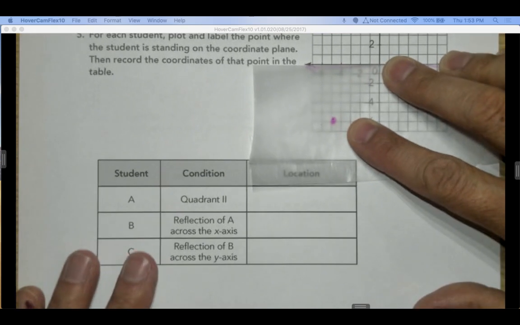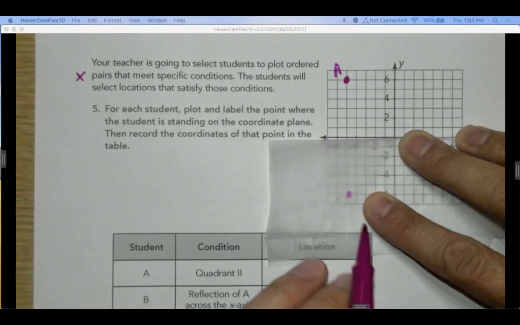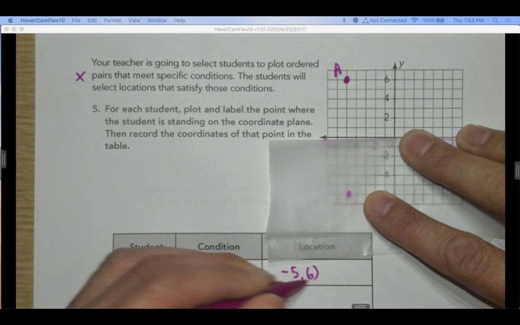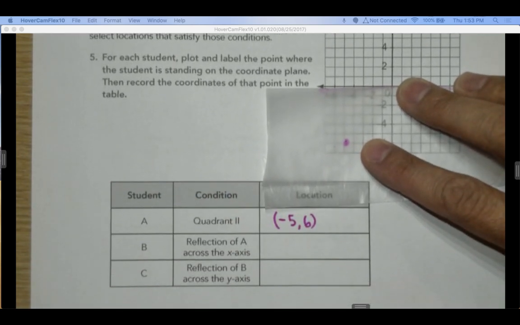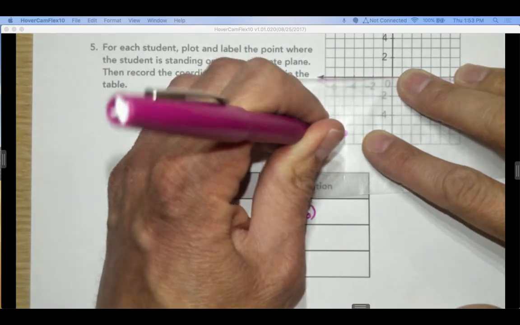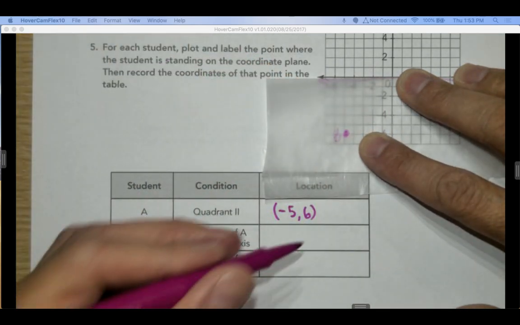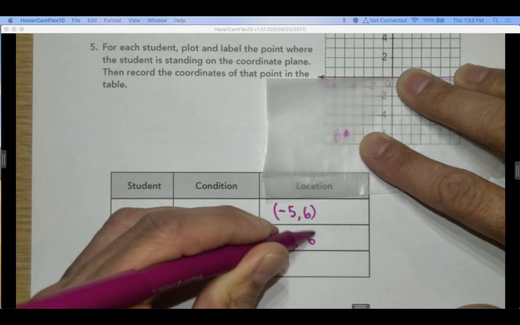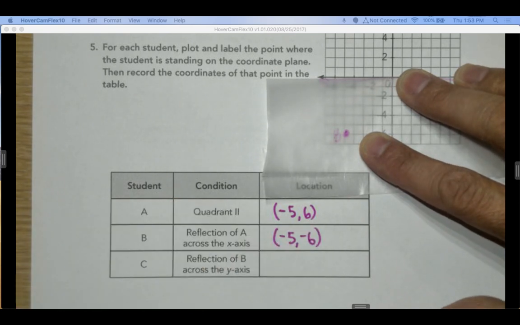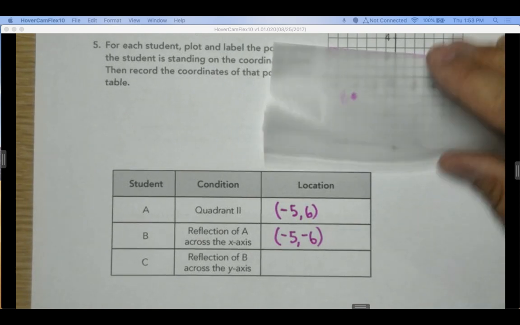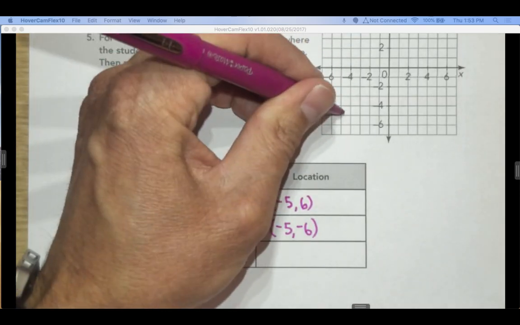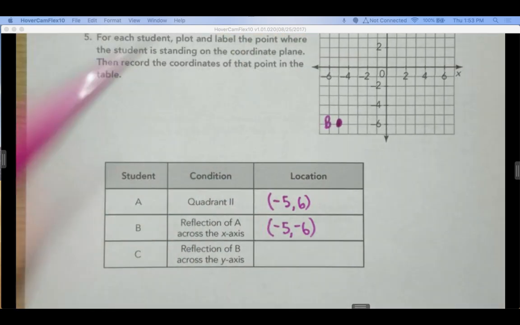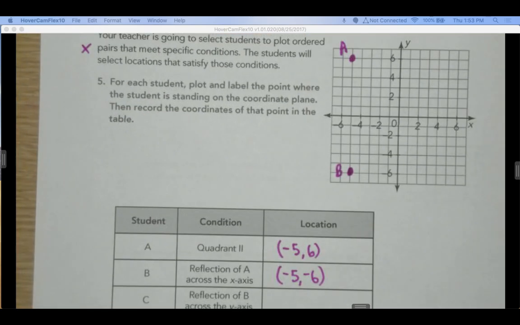And then down here, A was -5 and 6 for its coordinates. B, which is right here, would be -5, -6 for its coordinates. Now I'm going to put -5, -6 right there for B, and then I'm going to read C.